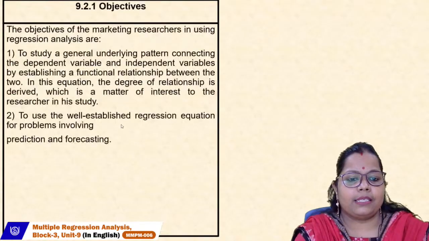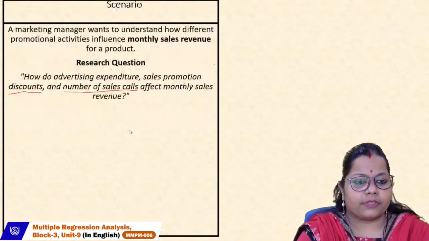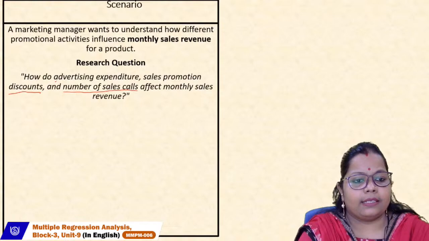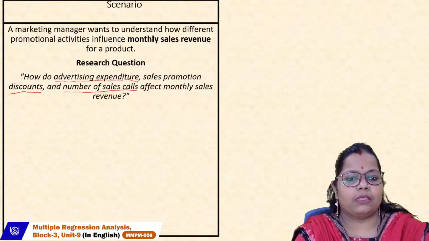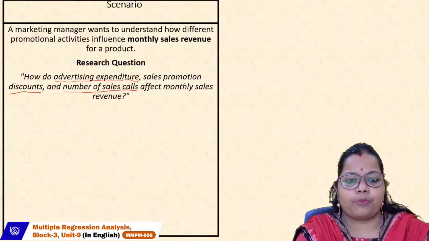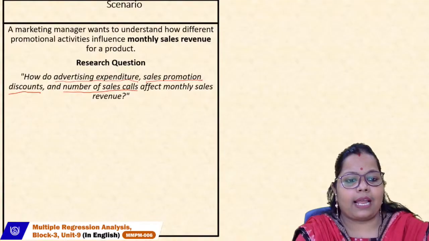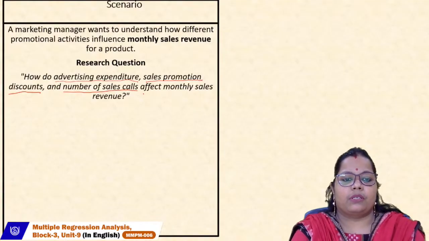So how many things are there? How many things did I underline? The first one is advertisement expenditure. Second is sales promotion discounts, and third one is number of sales calls.